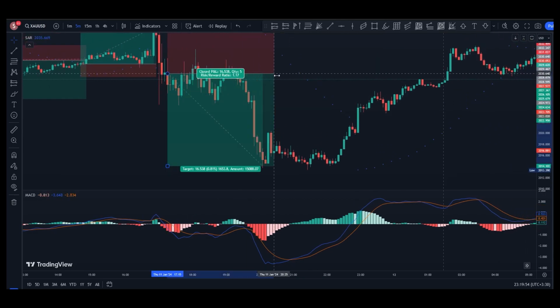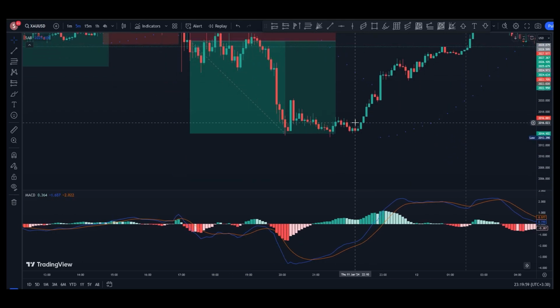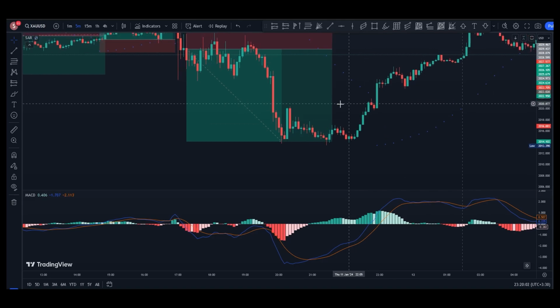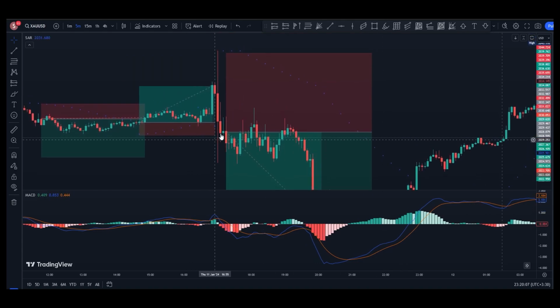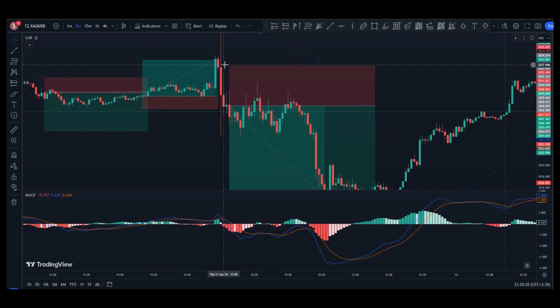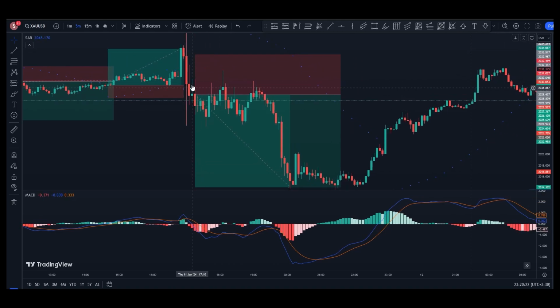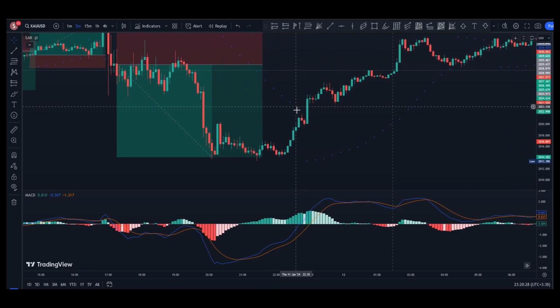As you see, it doesn't hit our 1:2 risk to reward ratio, but well, it's not a good trade, so I prefer not to start this trade here. Or you can use this price or the open of this candle as your stop loss to get your risk to reward ratio, but it's a little risky.